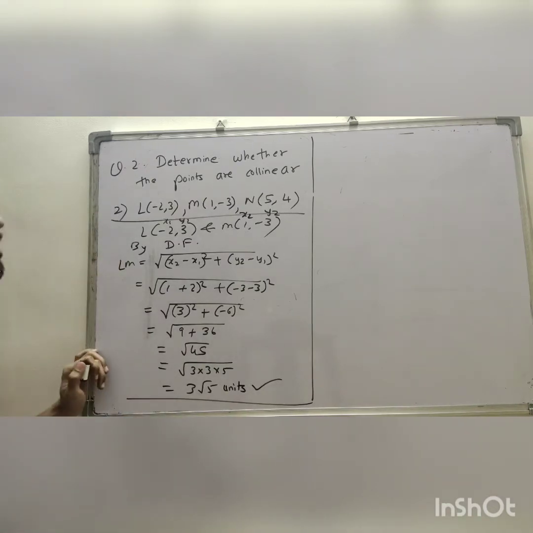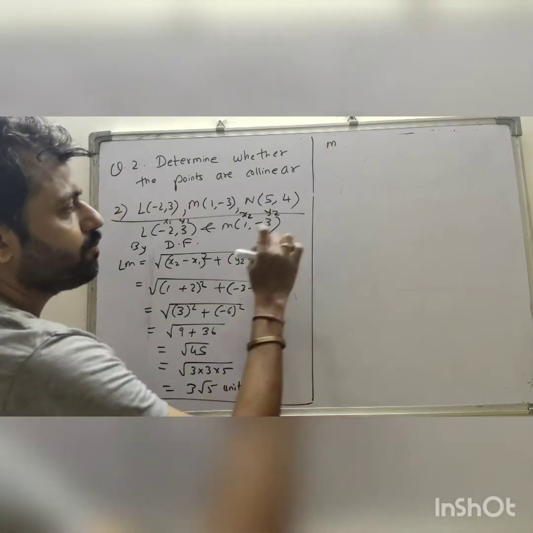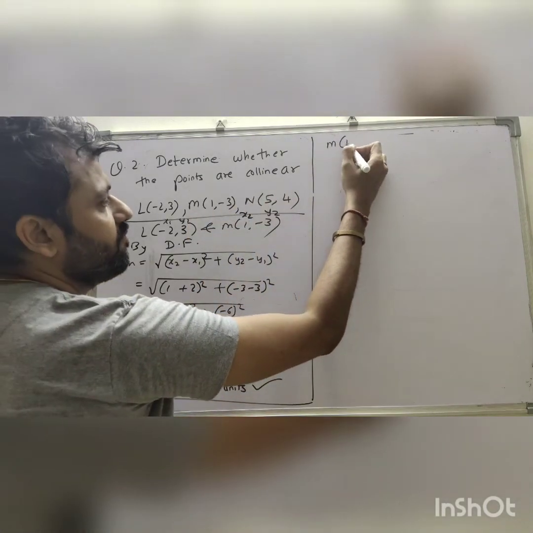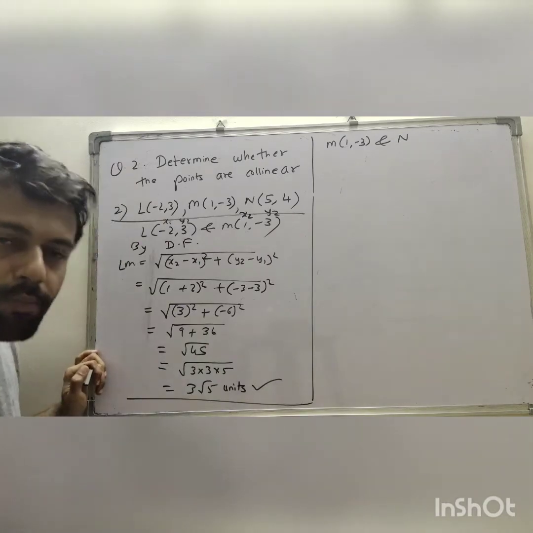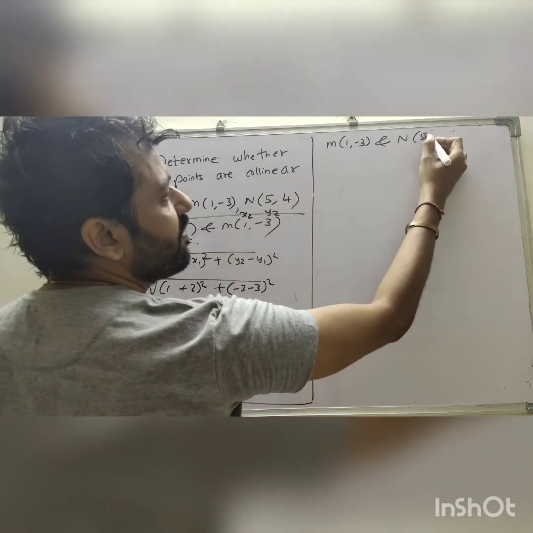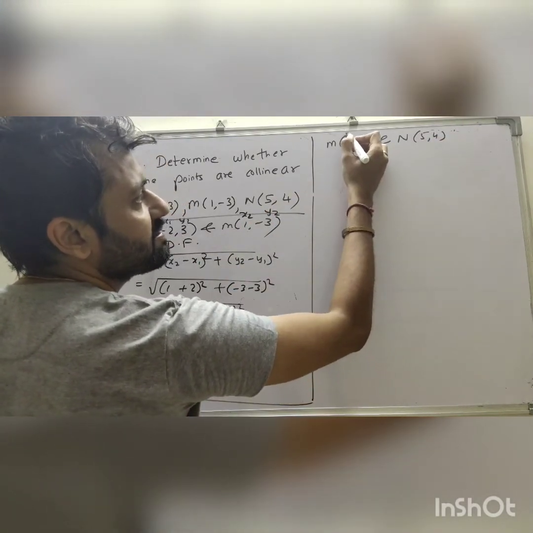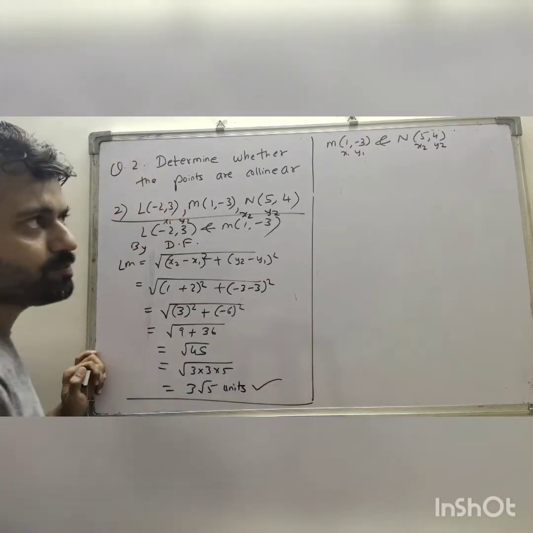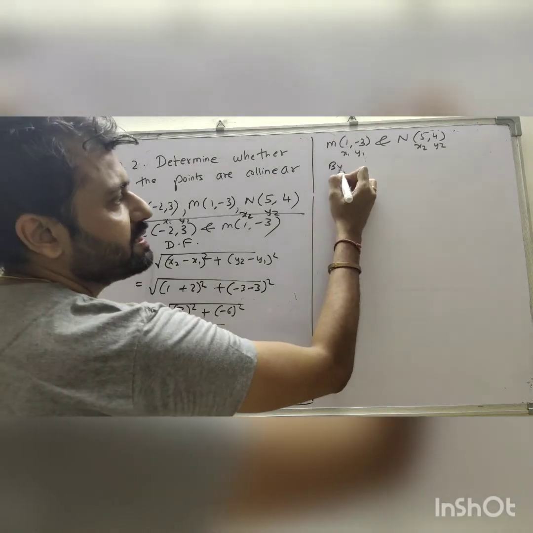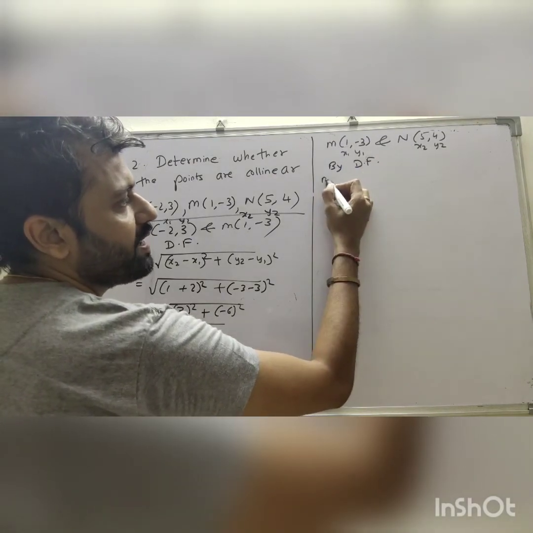In the same way, we will find the distance between the points M and N. M is 1, minus 3 and N is 5, 4. This is x1, y1, and similarly x2, y2. By distance formula, you find MN.